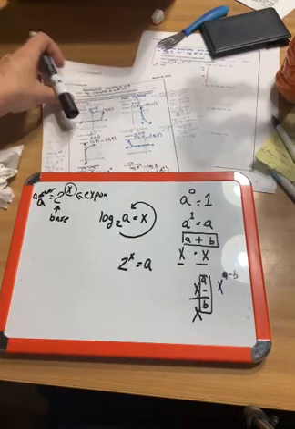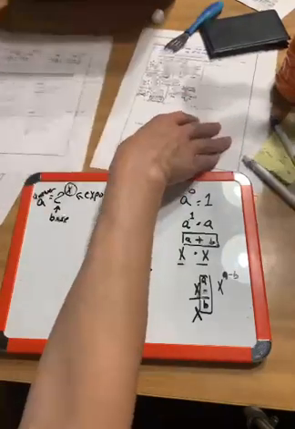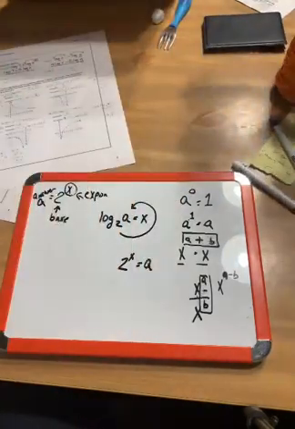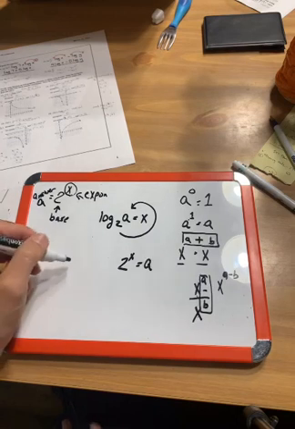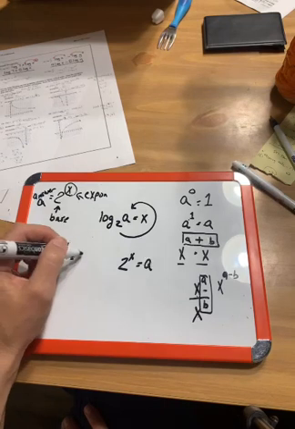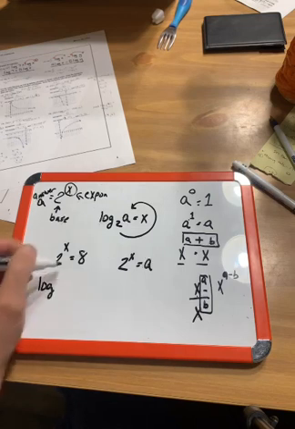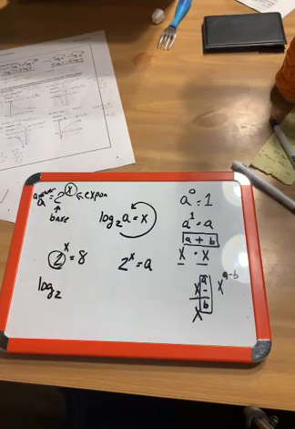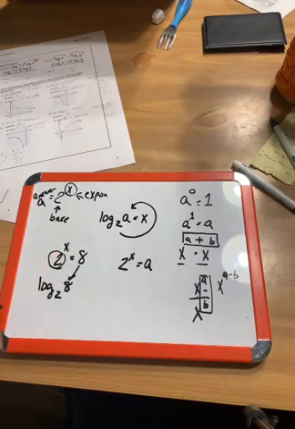So let's look at a couple of ones. Okay, so if I have 2 to the x equals 8, and I wanted to rewrite that as a log, I would do log 2 is my base, so it goes down here in my base spot. 8 is my answer, so it goes in the answer spot.